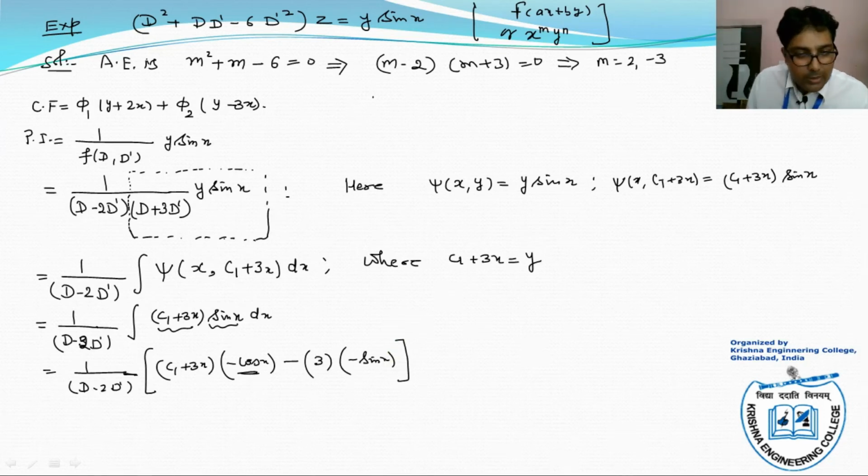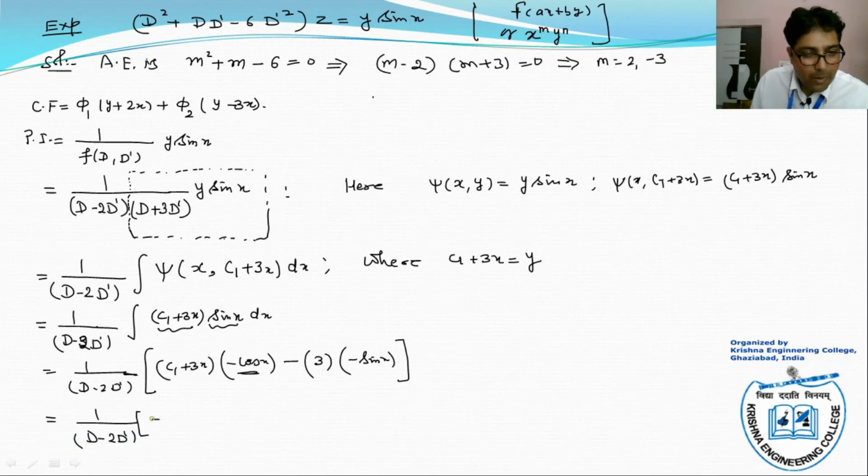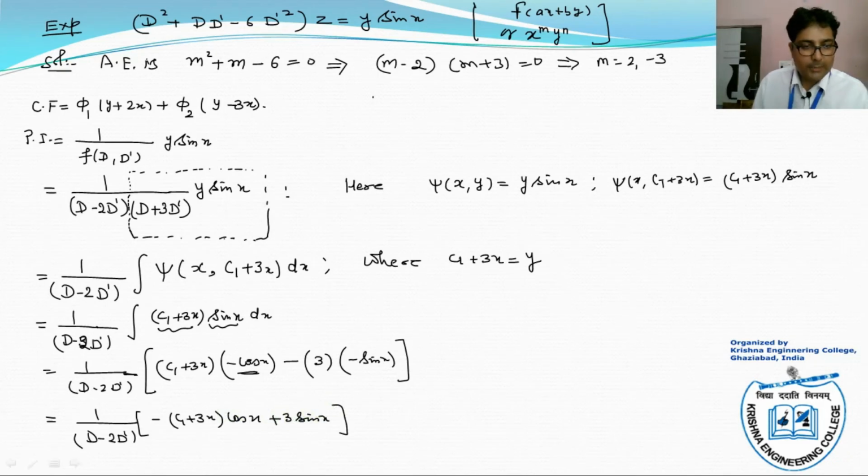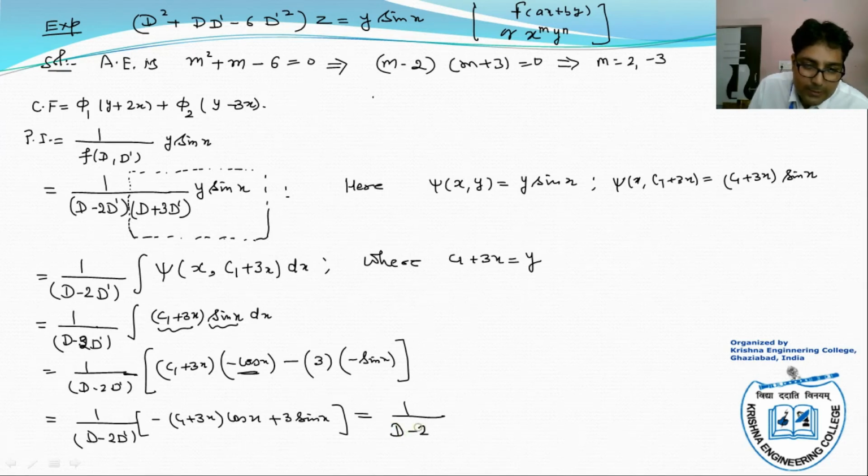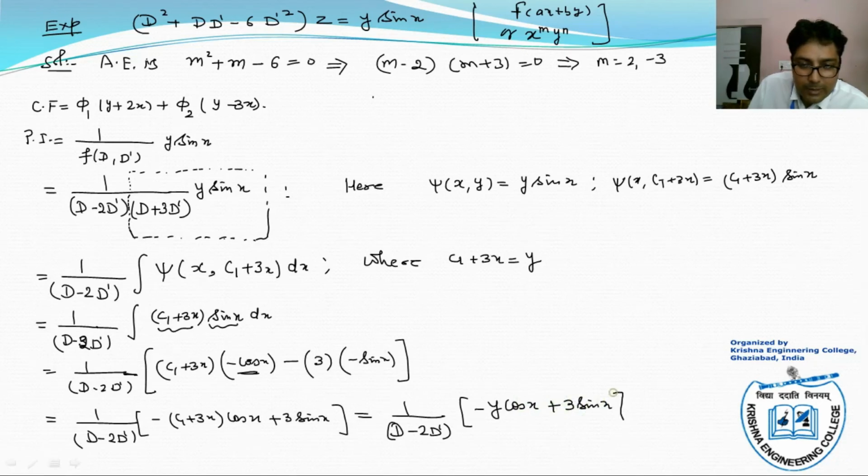Now simplify this. 1 upon D - 2D' is equal to minus (c1 + 3x) cos x plus 3 sin x, right? Now replace the value of c1 + 3x by y, then 1 upon D - 2D' becomes minus y cos x plus 3 sin x.